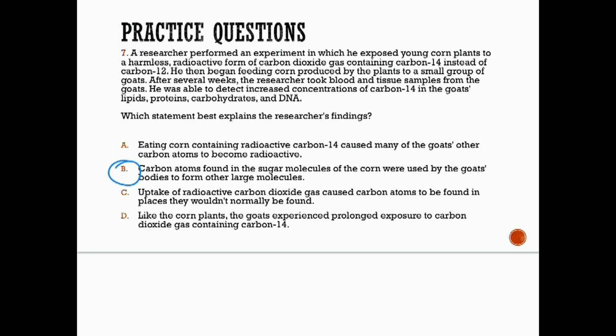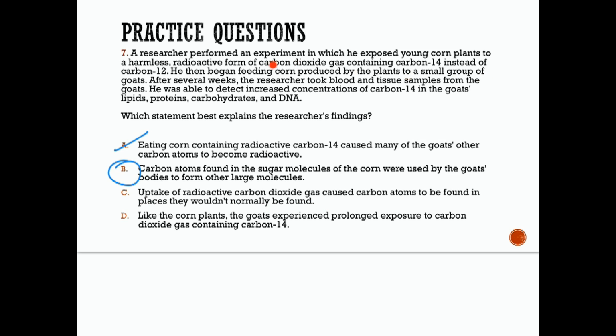So if you look at the other answer choices like A, eating corn containing radioactive carbon-14 caused many of the goat's other carbon atoms to become radioactive. Okay, that's not even mentioned up in here. All right, so that should be able to cross off A. And then if we look at C, uptake of radioactive carbon dioxide gas caused carbon atoms to be found in places they wouldn't have normally been found.